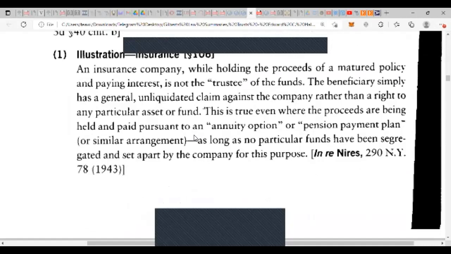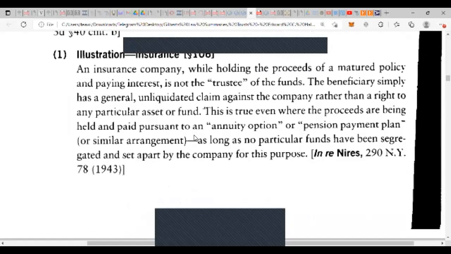An insurance company, while holding the proceeds of a matured policy and paying interest, is not the trustee of the funds. The beneficiary simply has a general unliquidated claim against the company rather than a right to any particular asset or fund.